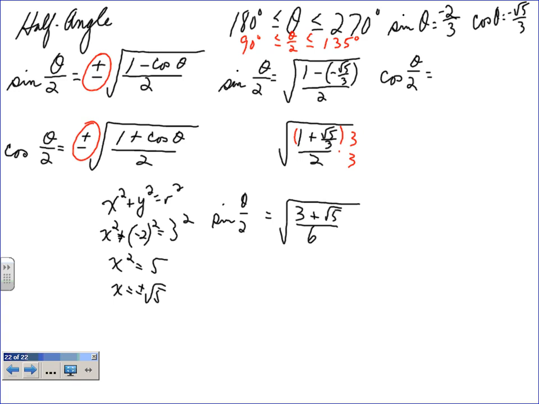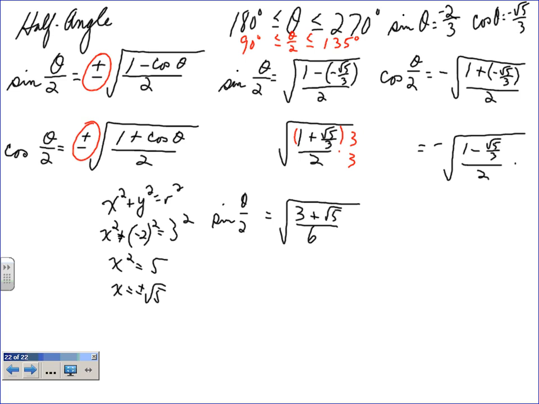Cosine, plus or minus? Well, it's minus the square root of 1 plus negative square root of 5 over 3 all over 2. See what we're going to get? One minus the square root of 5 over 3 all over 2.